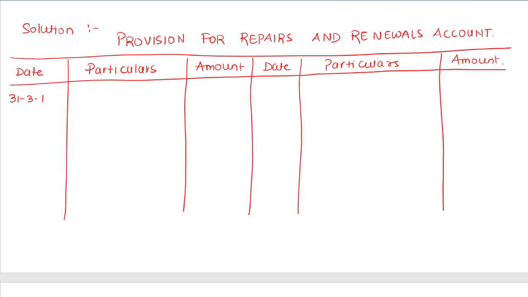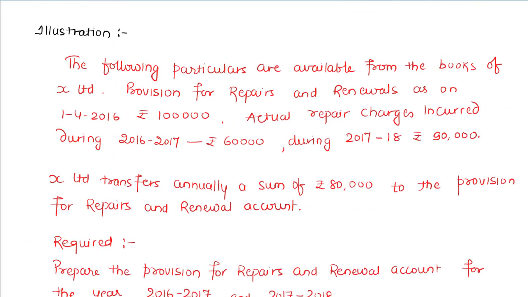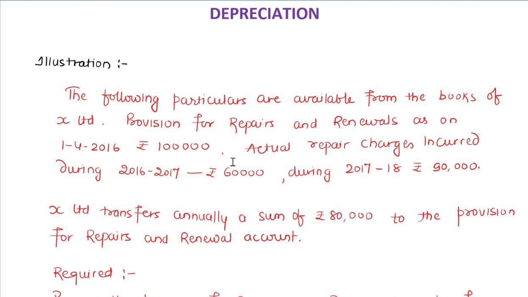March 31st, 2017, to bank account 60,000. See it over here: actual repair charges incurred during 2016-17 is 60,000.